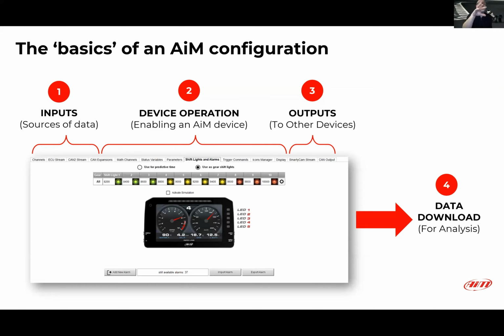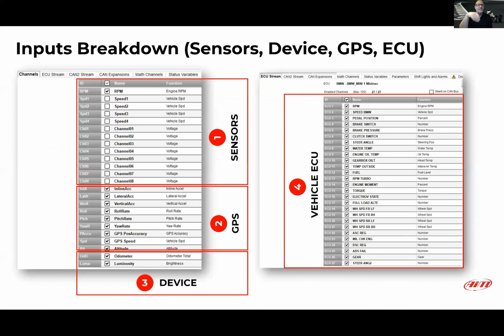Now, what I wanted to do was start breaking it down into talking about the sources of input, because this is an area that I wouldn't say is confusing, but it's definitely something we should be aware of. Let's talk about the inputs that go into your AIM device, because it's super important that we have this information in mind.